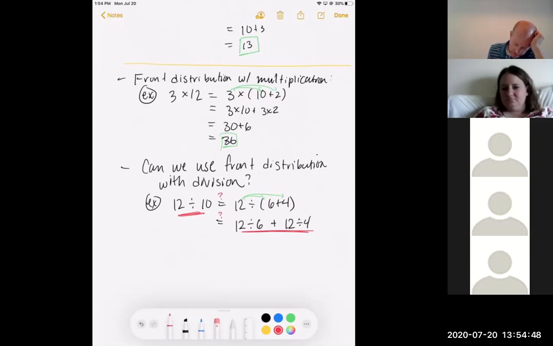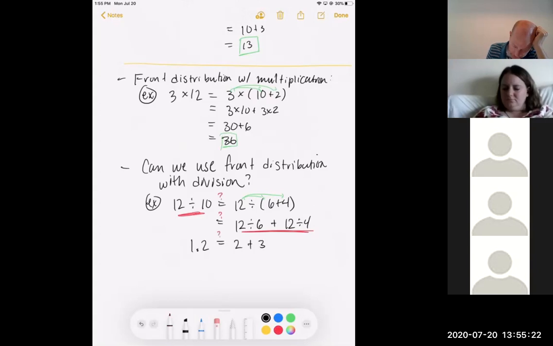Right. So this is a good counterexample, sufficient to disprove this idea. You can't distribute division by the front. You can only do it in the back. Multiplication you can do both ways because of the commutative property, really. So we know that 12 divided by 10 is 1.2. And I'm putting my question mark here, I'm not sure still. 12 divided by 6 was 2, 12 divided by 4 is 3.